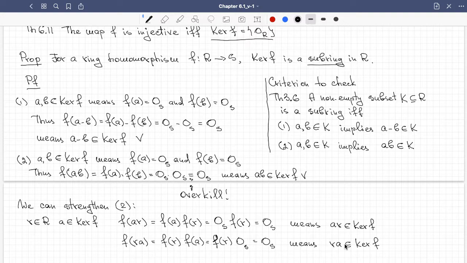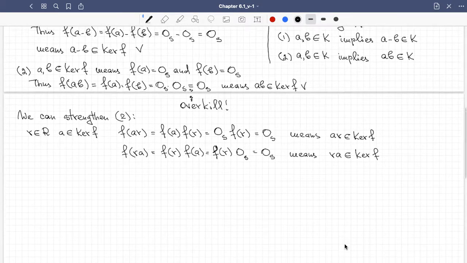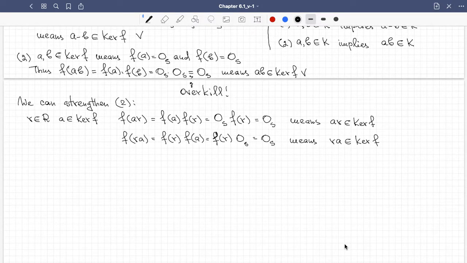Subrings with this extra property are called ideals. So ideals in the first place are kernels of homomorphism. Here is the definition motivated by this example.